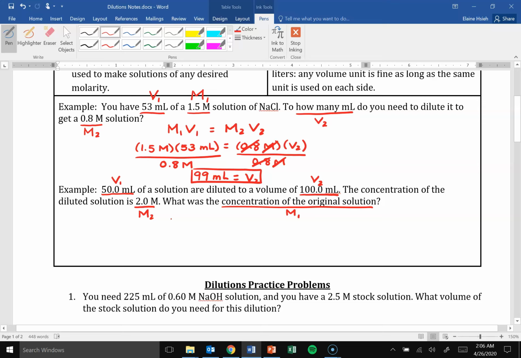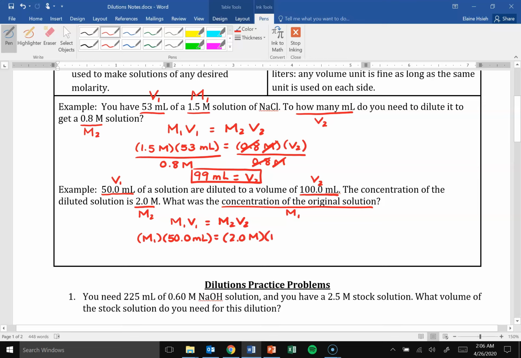Again, the equation is M1V1 equals M2V2. M1 is the unknown. V1 is 50.0 milliliters. M2 is 2.0 molar.